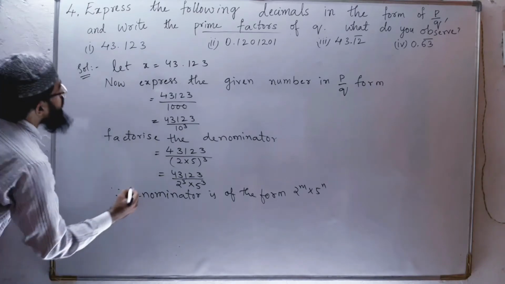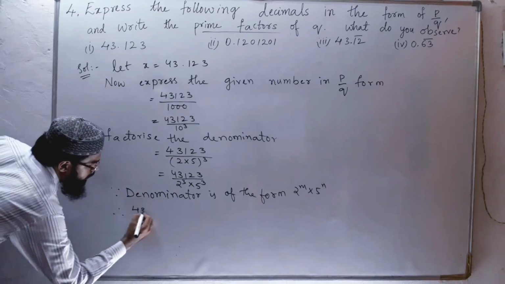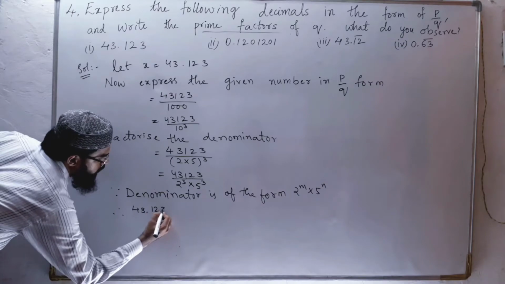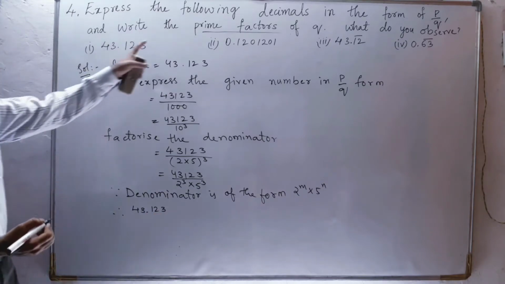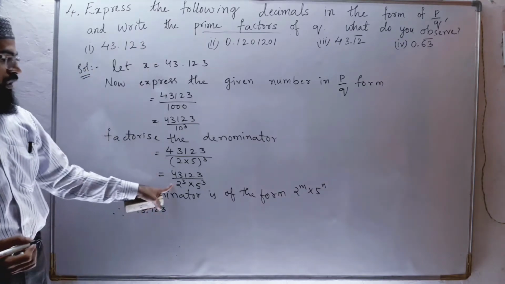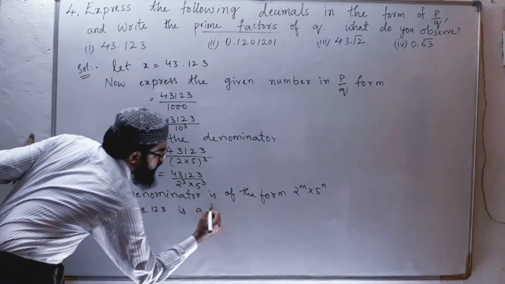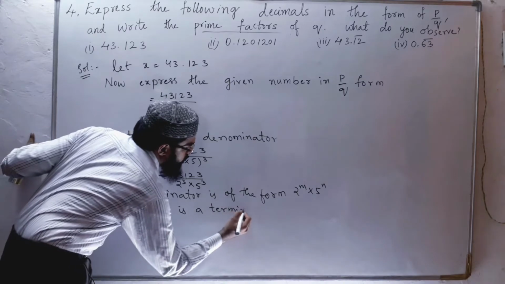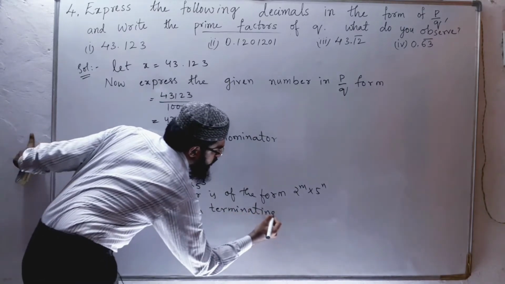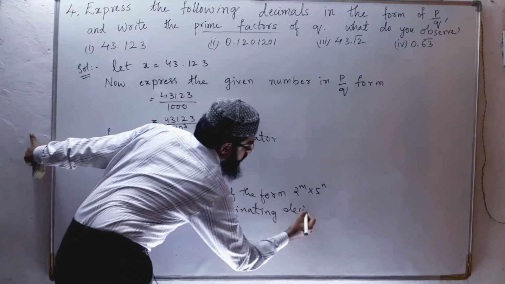Therefore, 43.123, what did we observe? We observed that if the denominator is in this form, then this number is a terminating decimal.